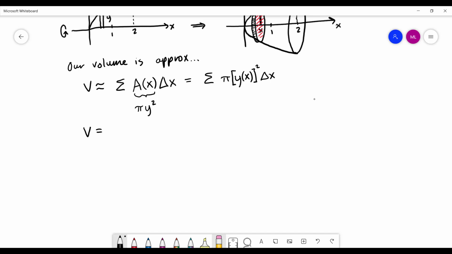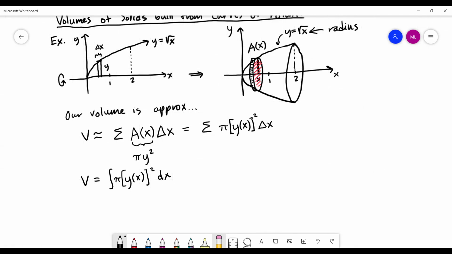That V is going to be equal to the integral from wherever we start to wherever we stop of pi, don't forget my pi, times y of x quantity squared, times dx. And in this case, we're starting at the left-hand side at 0, and we're stopping when we get to x equals 2. So this is going from 0 to 2.